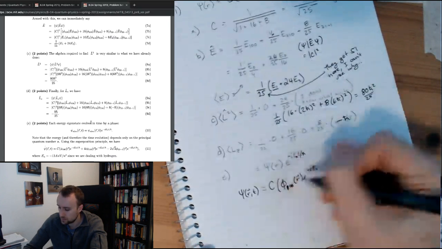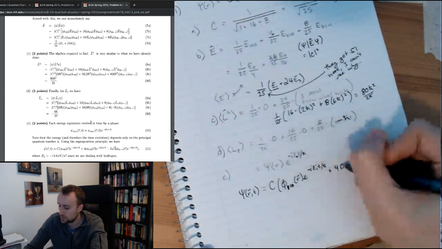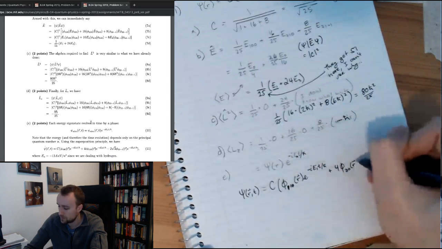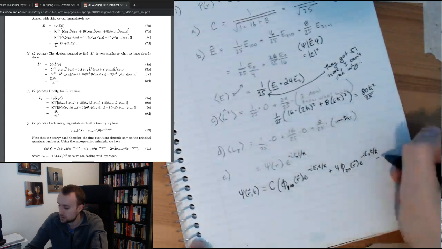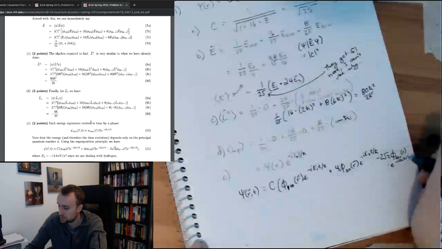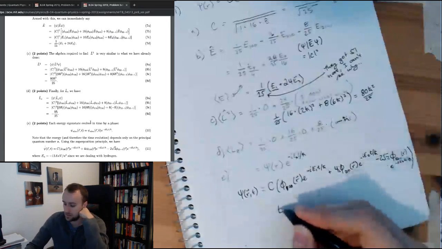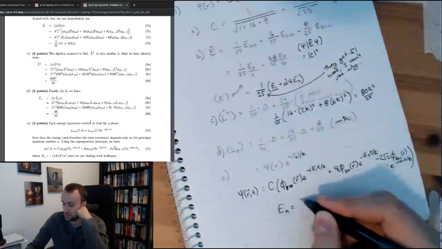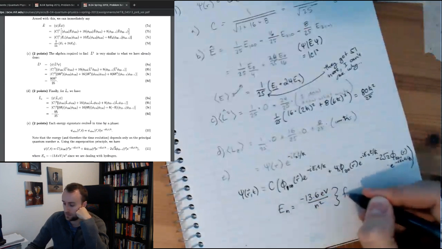Oh, this is E1 t h bar plus 4 psi 210 r e to the minus i 2t over h bar, minus, this is an i here, 2 psi 2 minus 1 r times e to the minus i... where minus 13.6 for hydrogen.